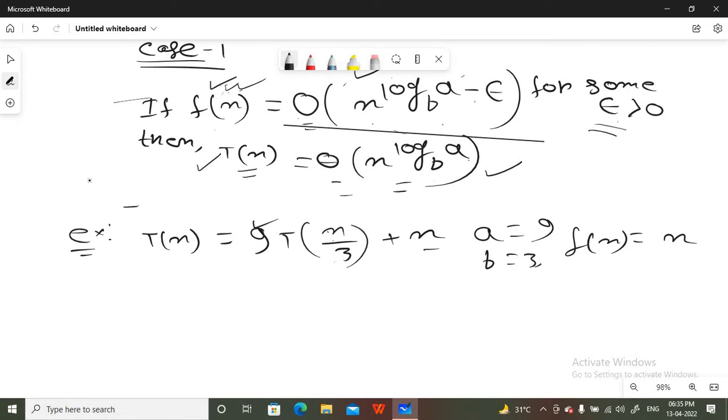The second thing we have to understand is what f of n is. F of n means n.